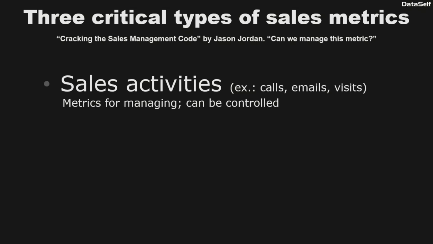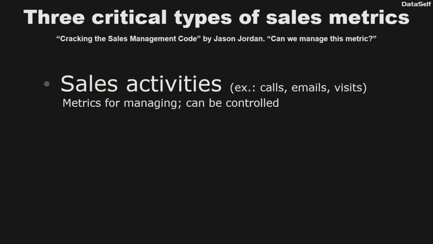The first one is the sales activities. This is something that organizations can manage and can control. We're talking about number of calls, emails, visits to customers, demos, and things of that nature. So this is one of the metrics that you have full control of, or mostly control. You can help the sales team understand how they can be more efficient with the calls, emails, and visits, and the flow of them.